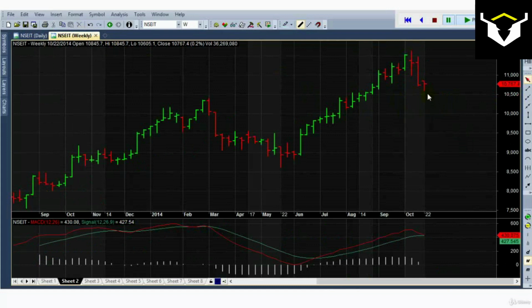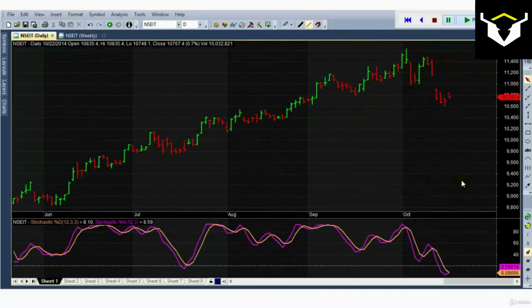As of the last bar, MACD is positive and the MACD line is above its signal line, suggesting that there is some upward momentum left in the market. So we have a positive sign from MACD on weekly, which tells us that the market will go towards the upside. The weekly chart favors the upside.